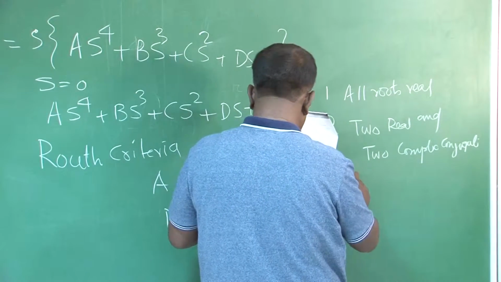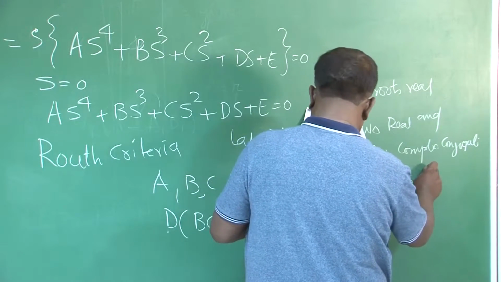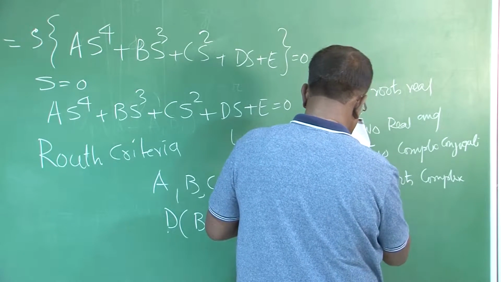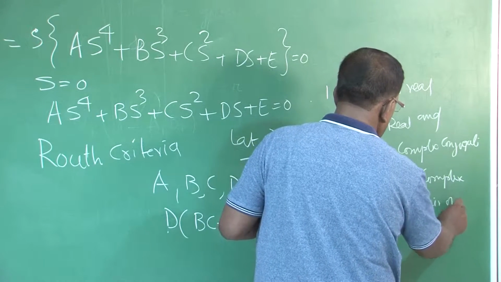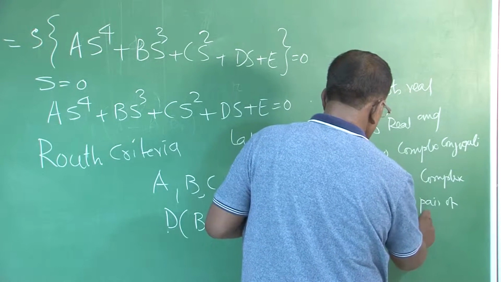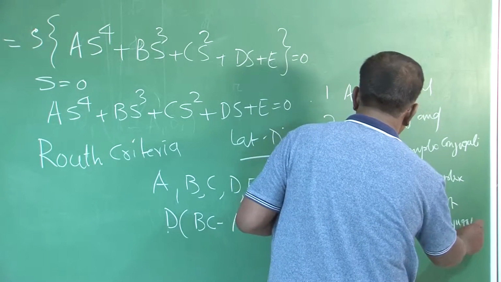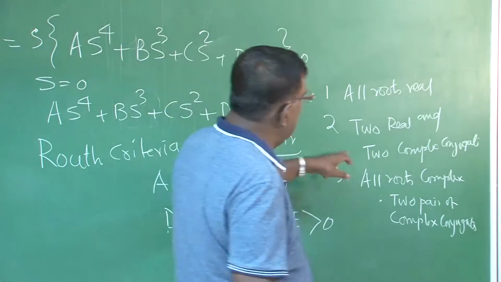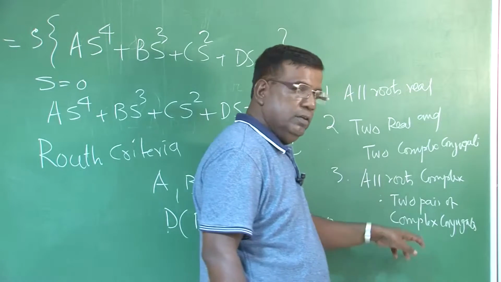Third possibility is all roots complex, that is 2 pair of complex conjugates. Please see here, 2 complex conjugates, but here 2 pair of complex conjugates, right?